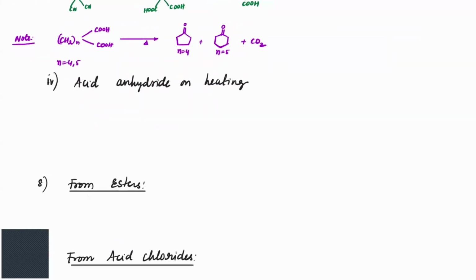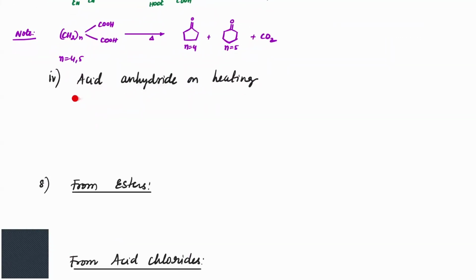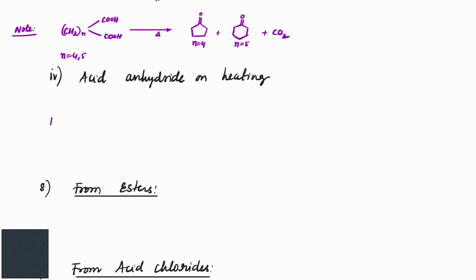Okay. Next. See, acid anhydride on heating. If you have acid anhydride on heating, what will happen? That is R C double bond O, O, C double bond O CH2R here. And this on heating, same thing here. Imagine as if this CO2 is lost.